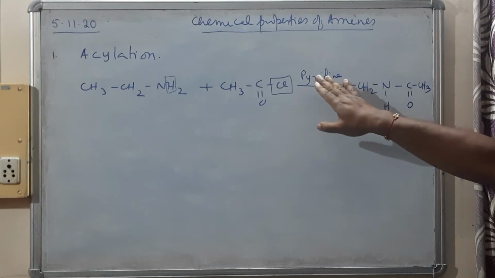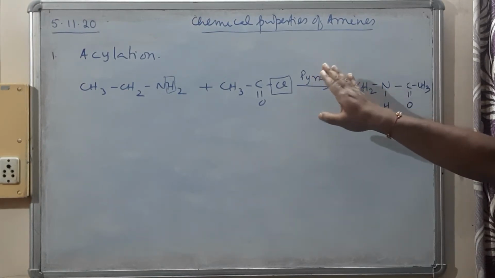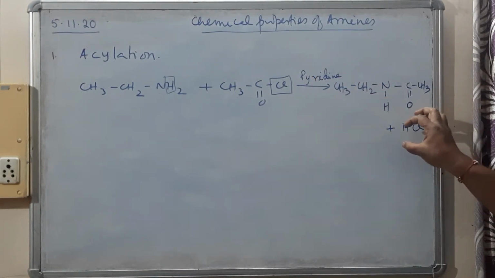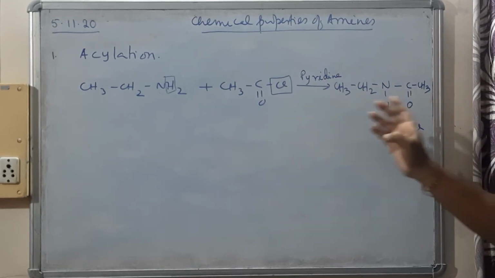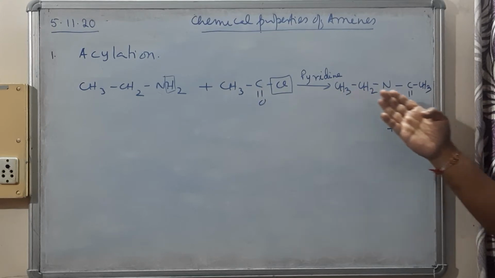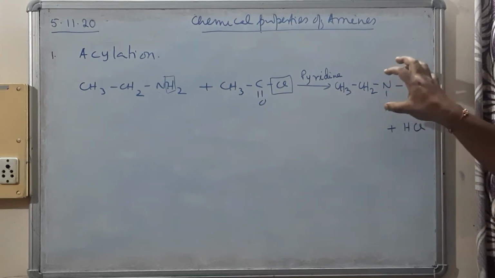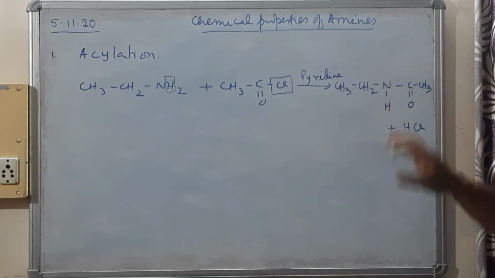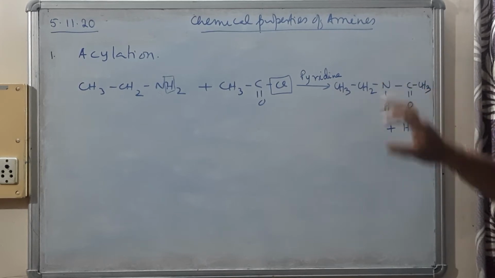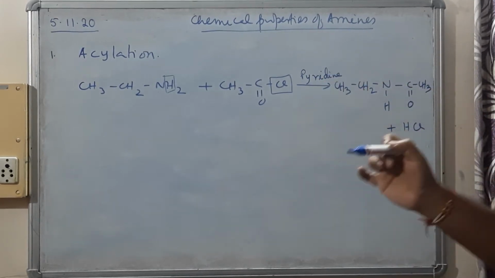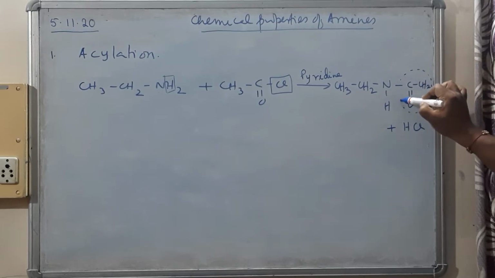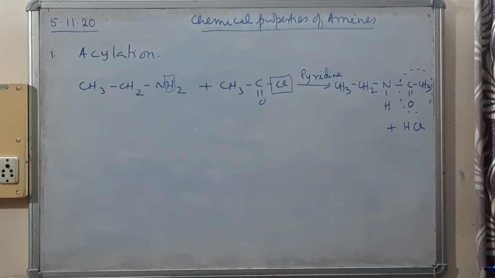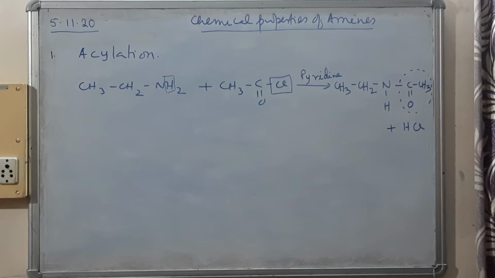So what will this pyridine do? Pyridine will help in the removal of HCl, and this reaction will go more in the forward direction, and we will get more of this acylated product. So this is called acylation because an acyl group has come. That's why it is called acylation reaction.